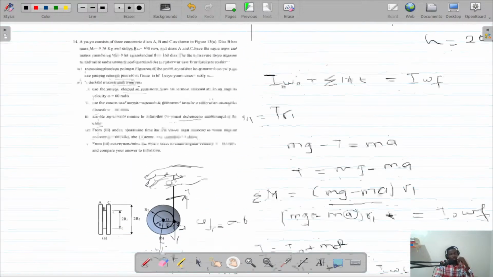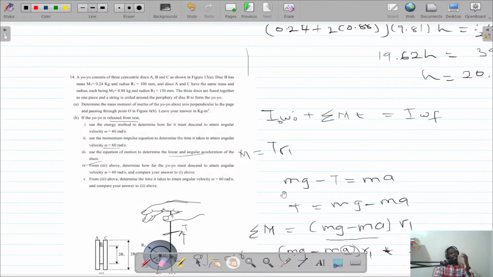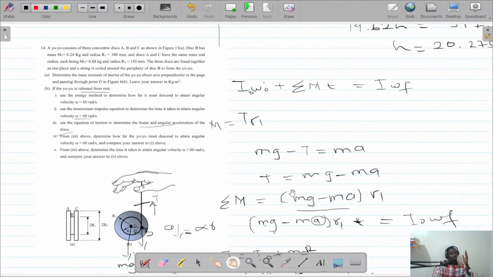When the book talks about equation of motions, there are two: either the force equation or the other. Because they're asking you to find the equation of motion to find the linear and angular acceleration, and then from the above determine how far the disk will descend to obtain this, and compare. From the above determine the time it takes to obtain this compared to this.